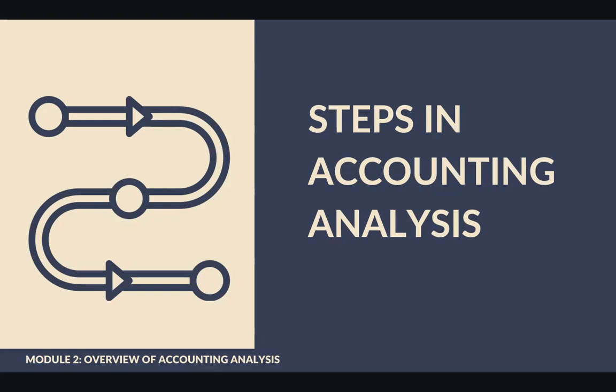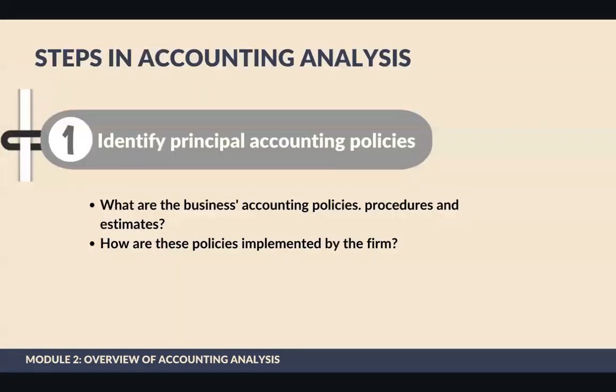So it starts with the financial statements. With that in mind, what is the first step in analyzing the accounting data presented in the financial statements? Step one revolves around the identification of principal accounting policies.